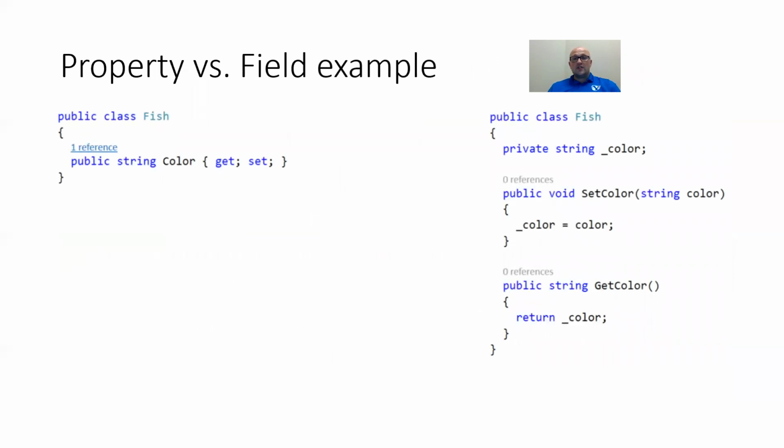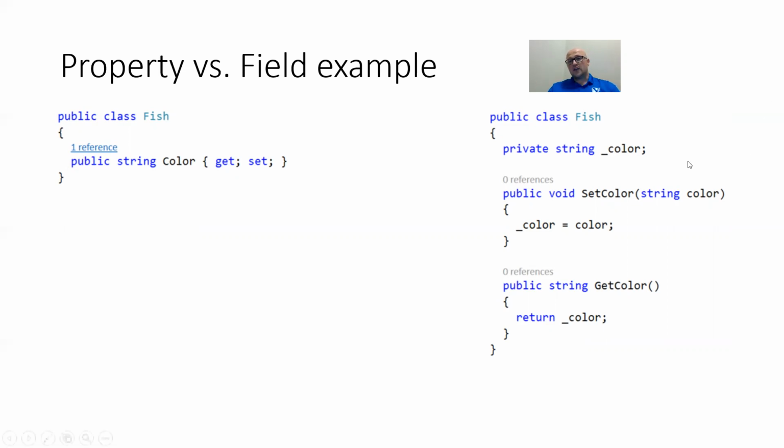Okay, here we go. Here is an example. So you can see here that this is the old style before properties in C# of how we would do this. You have an internal or a private property called _color, and then you have a setter and a getter in the fish.